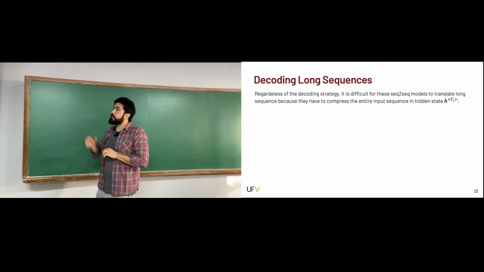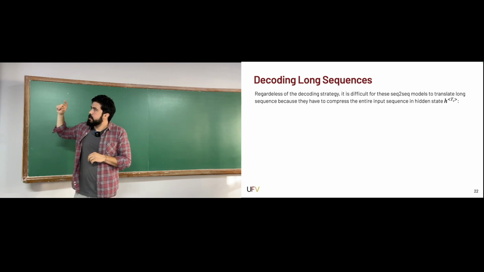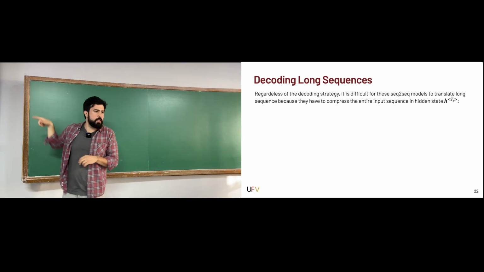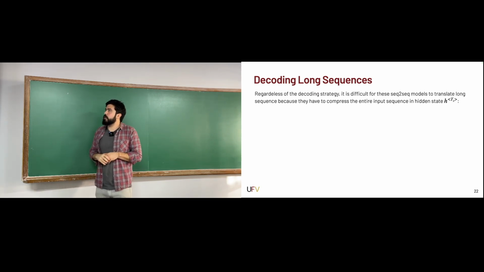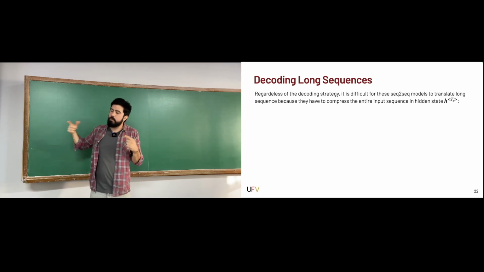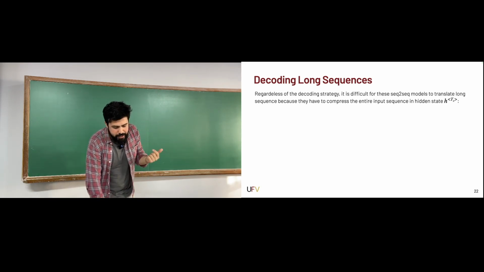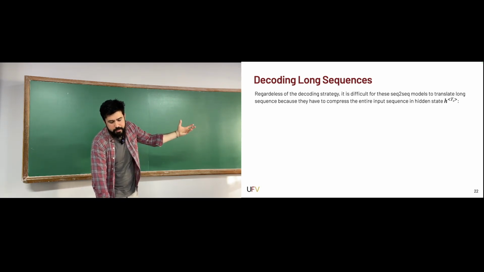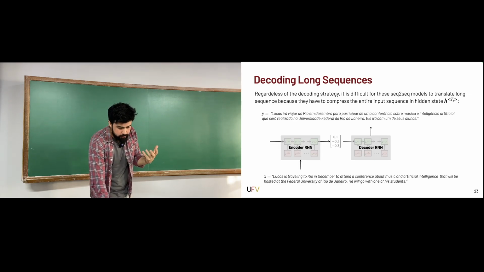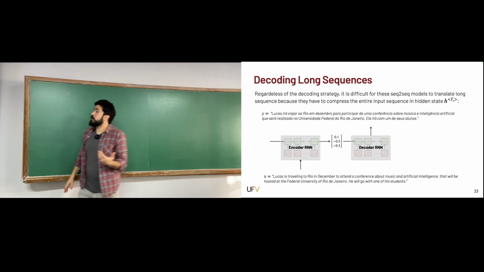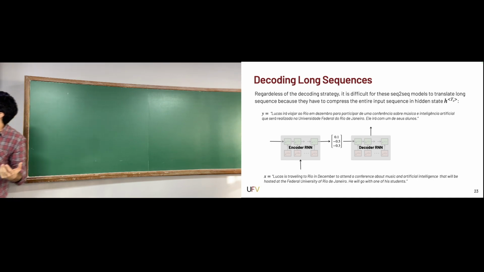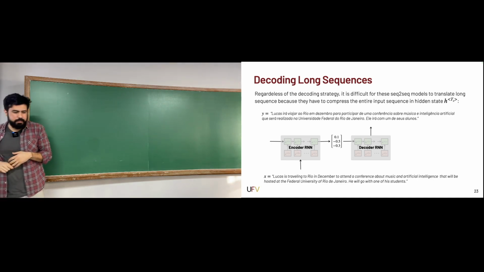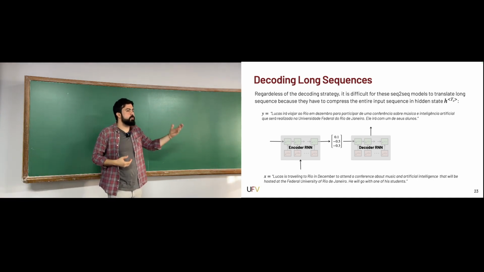Okay. But regardless of the decoding strategy, and this is the key motivation for attention, it's really difficult for these seq-to-seq models to translate long sequences because they have to compress the entire input sequence X in a hidden state only, right? So this 3-dimensional vector here is compressing the whole sequence.